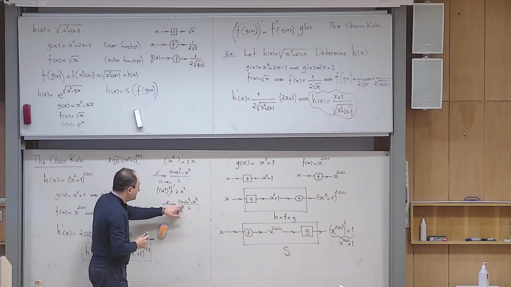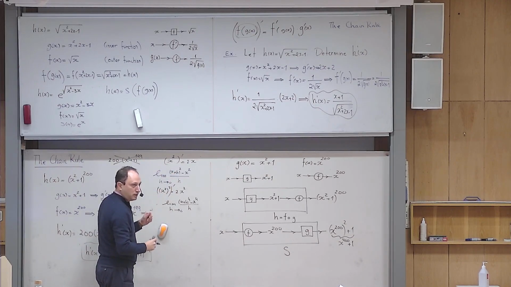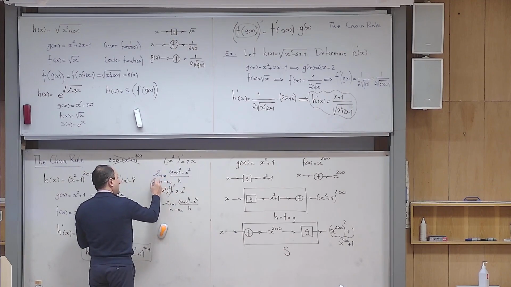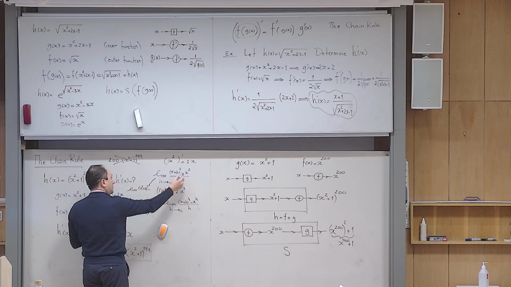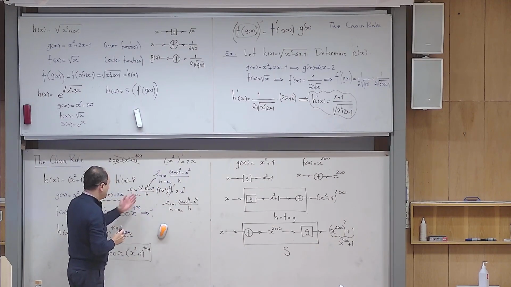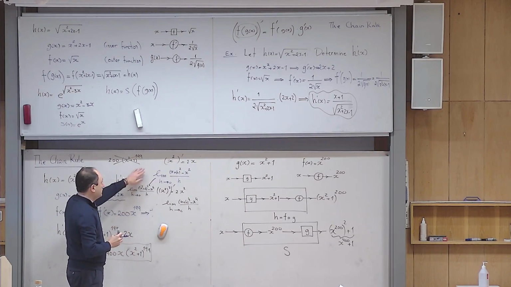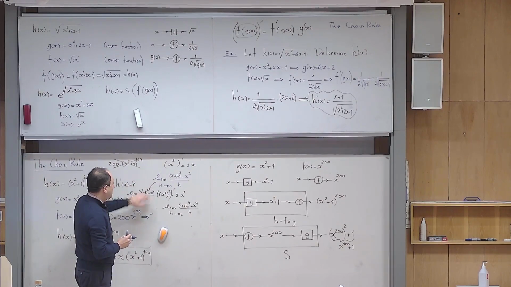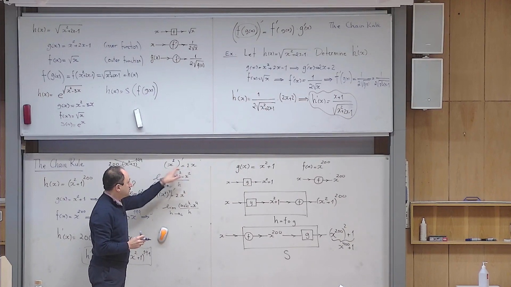But this limit is not that limit if I replace x with x squared. If in this limit I change x to x squared, I will face a new limit: (x squared plus h) squared minus (x squared) to power 2, which is x to the power of 4, divided by h, as h goes to 0. And you see that they are not the same. Is that clear? If I want to calculate this limit, this is correct.